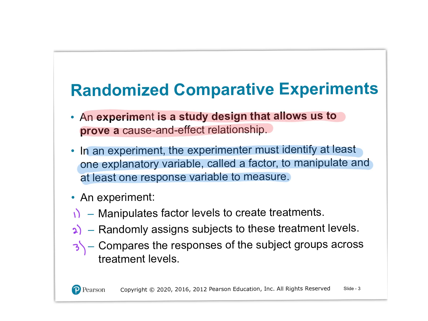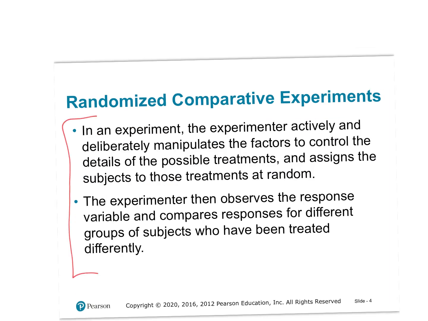So those are three things that are very important, okay? All right. In an experiment, the experimenter actively and deliberately manipulates the factors to control the details of the possible treatments, then observes the response variable and compares responses for different groups or subjects who have been treated differently.